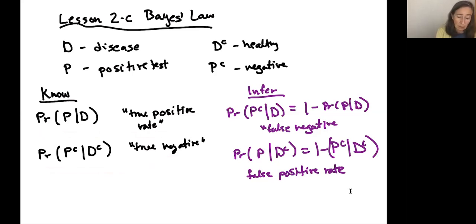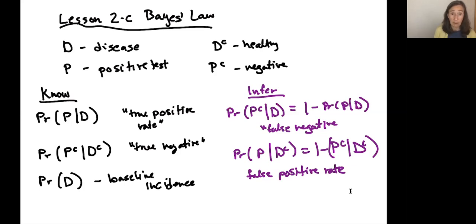One other thing that we're likely to know that we need if we're going to do Bayesian analysis here is the overall probability of having the disease. Before you were tested, how likely was it that you had the disease? So we might call this the baseline incidence, the prior probability of D.